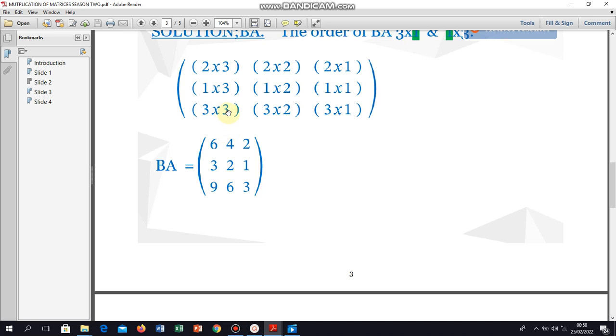We are also having this and this here. At the end of the day, 2 times 3 is 6, 2 times 2 is 4, 2 times 1 is 2, and you get such a matrix.